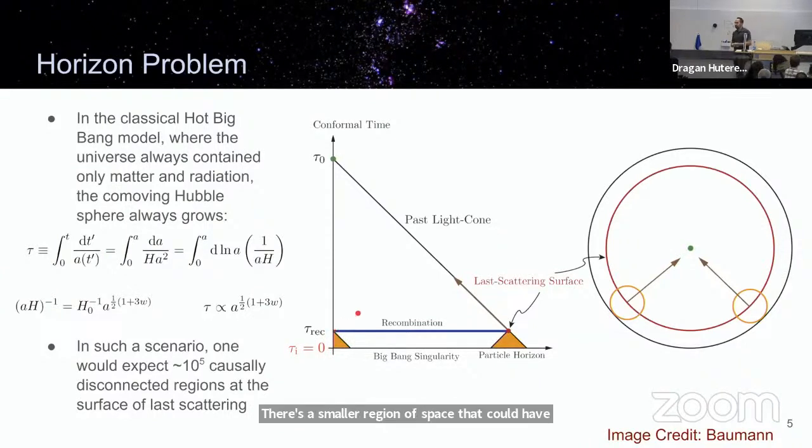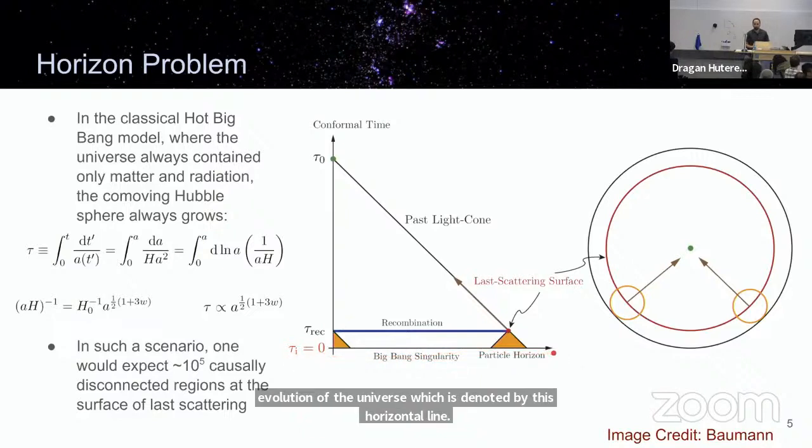Now, this is relevant for the discussion of the classical hot Big Bang model of cosmology, because in that model, there was a finite time in the past at which we hit a singularity, the hot Big Bang singularity. That's when the density becomes infinite or the scale factor goes to 0. And in that case, there is a definite start to the evolution of the universe, which is denoted by this horizontal line, the tau equals 0 line at the bottom here.